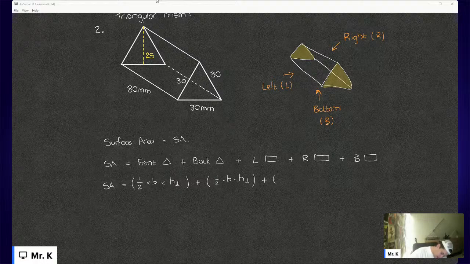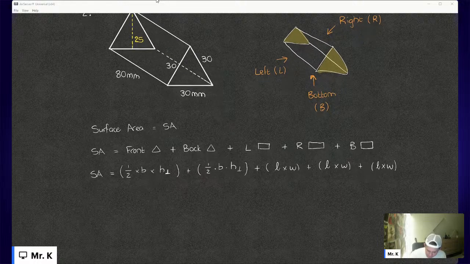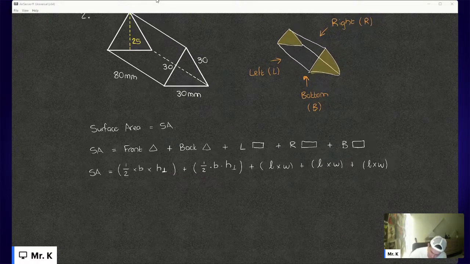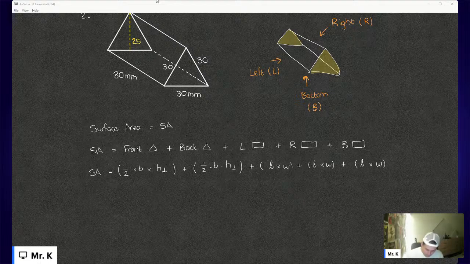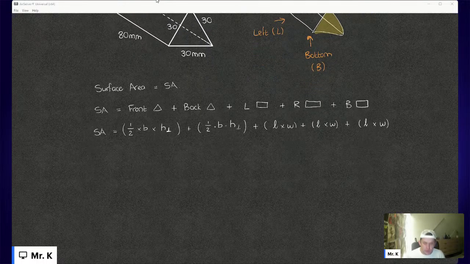For the rectangles, we simply have length times width, and this is repeated 3 times over because they are rectangles, guys. I don't know if I said triangles there by mistake. We have 3 rectangles, one on the left, one on the right, and one at the bottom. The way we calculate the area of a rectangle remains the same. So this is how we're going to go about calculating our surface area.